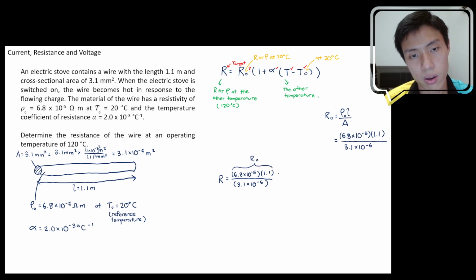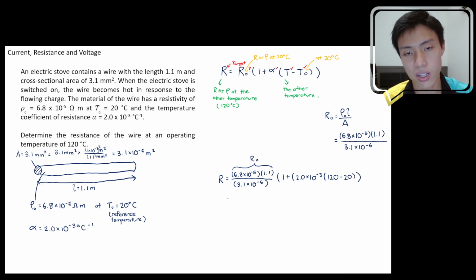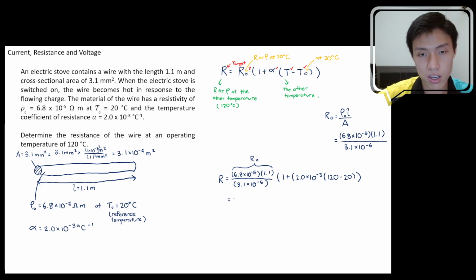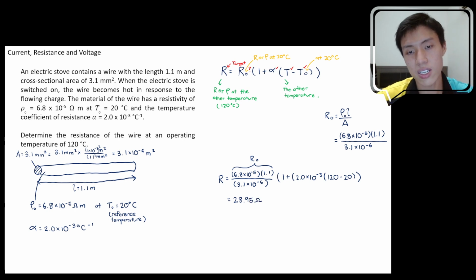Then 1 plus alpha, where alpha is 2.0 times 10 to the power negative 3. Then T minus T naught, where T is 120 degrees Celsius and T naught is 20 degrees Celsius. I have everything I need. I just put it into my calculator, and I will get an answer of 28.95 ohms as the resistance at 120 degrees Celsius.